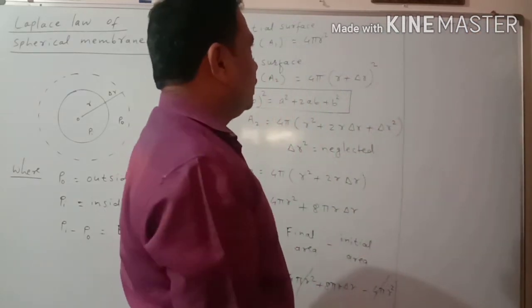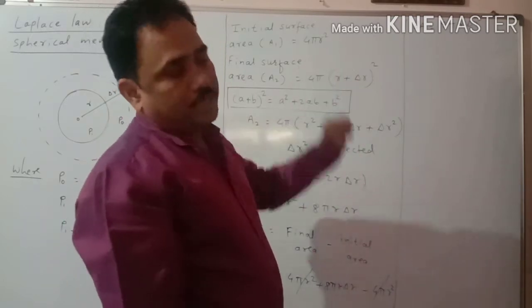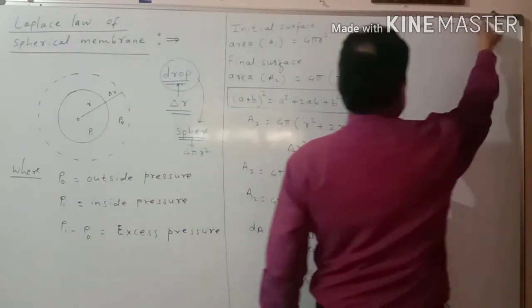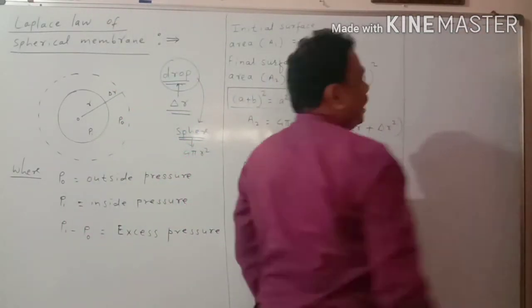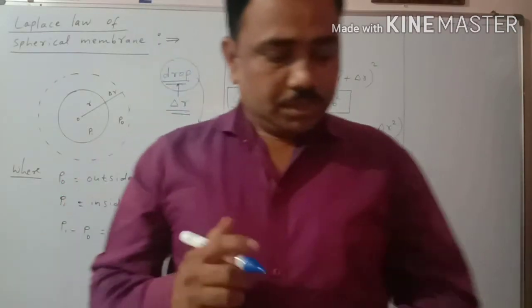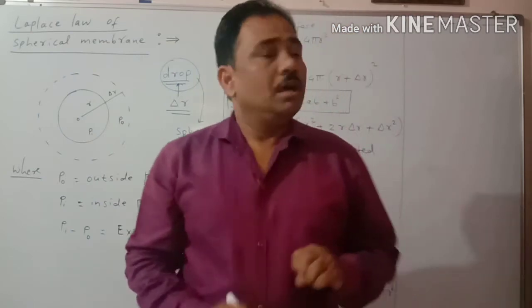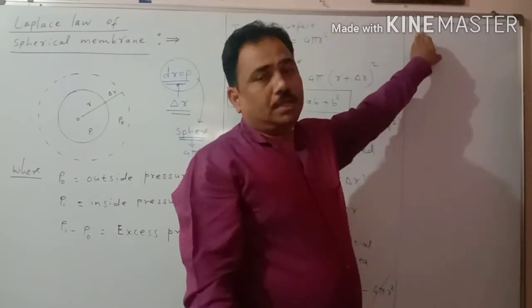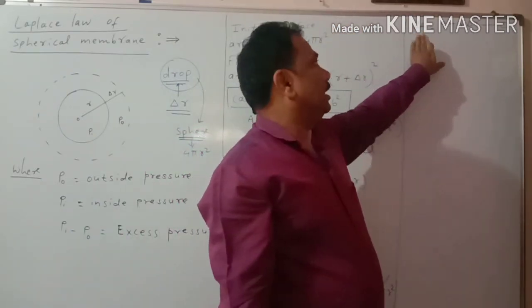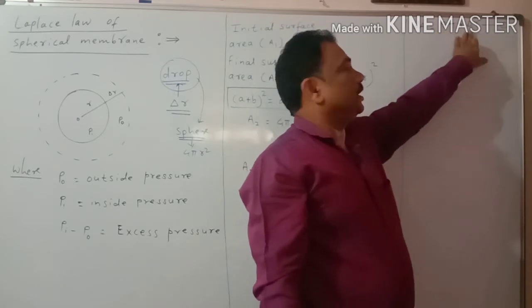This will be equation 1. Up to this equation, we have calculated the change in area, which can be represented by dA equal to 8πrΔr.